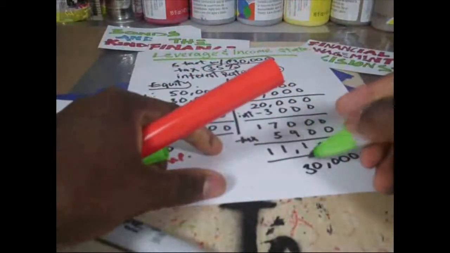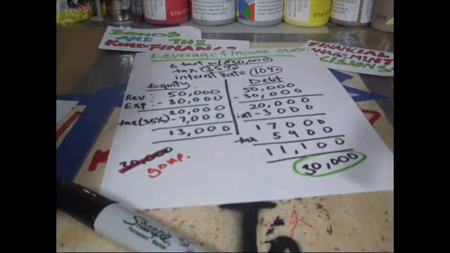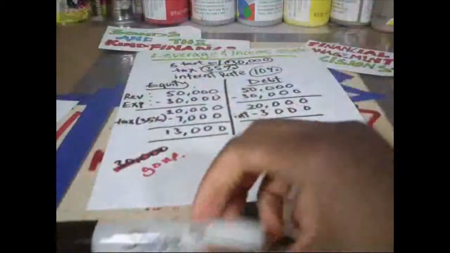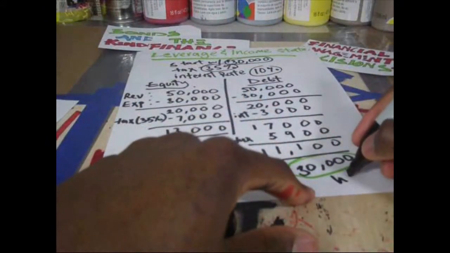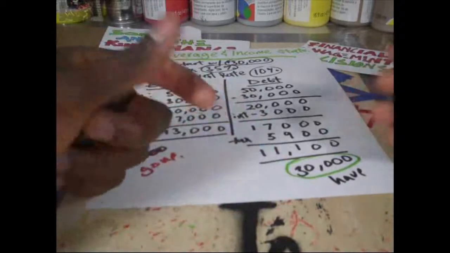So we still have it. Okay, so we still have the $30,000 that we started with, plus the 11,100 that we made. We get to do something else with that money.